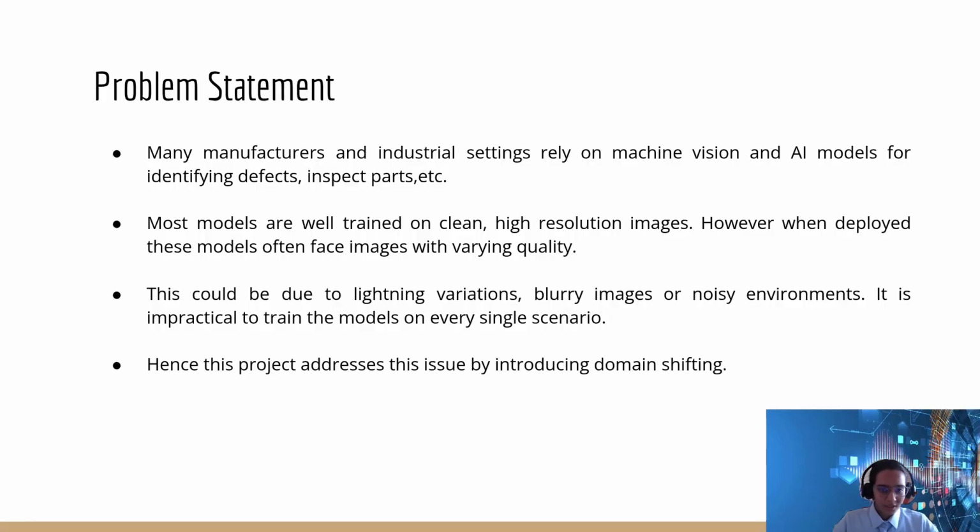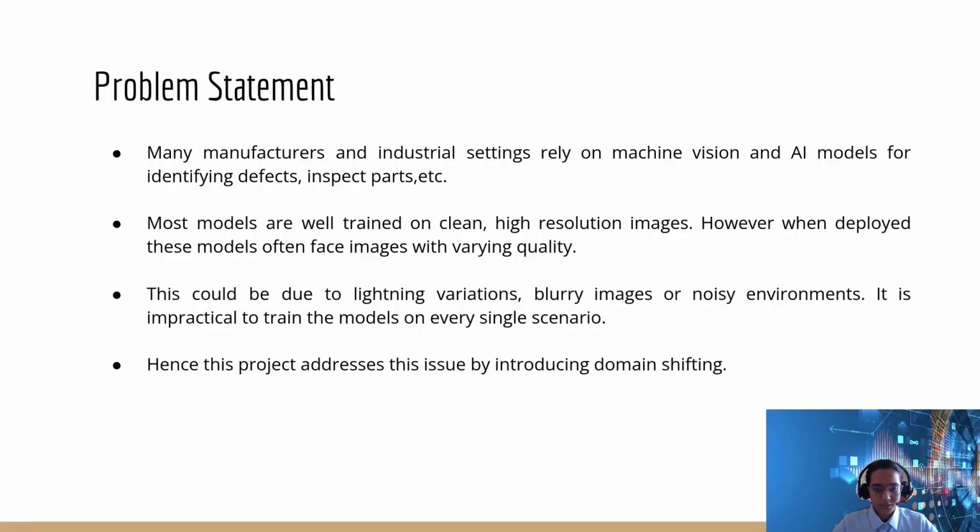So the main idea of this project is to address a common issue in industrial machine vision systems. Now these industries rely on machine vision for defect detection, inspecting parts and quality control. Most of these models are trained on clean, well-controlled datasets.